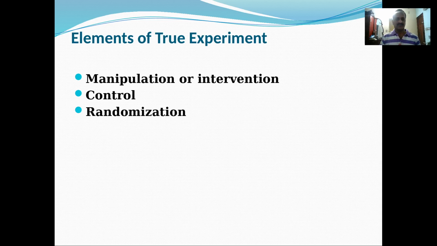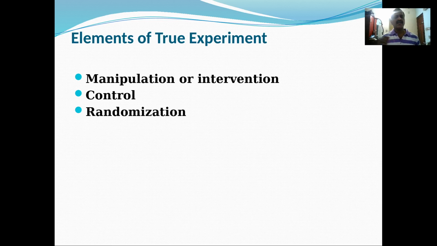We expect the same reading in the pre and post in the control group because no intervention is done, but we expect a big change in the experimental group because we have given teaching. So the effectiveness we are able to determine only by comparing with the control group. So we need two groups, the experimental group and the control group.